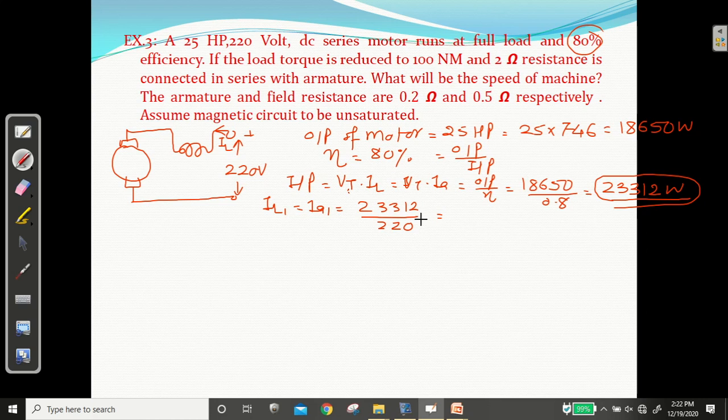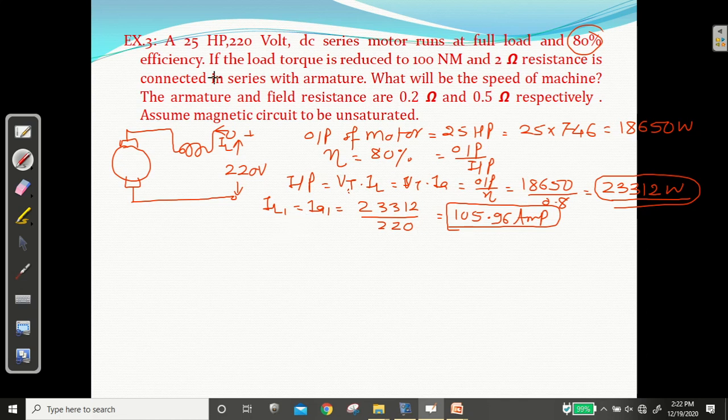So 23312 upon 220, you will get 105.96 ampere. So this is IL1 equal to IA1.